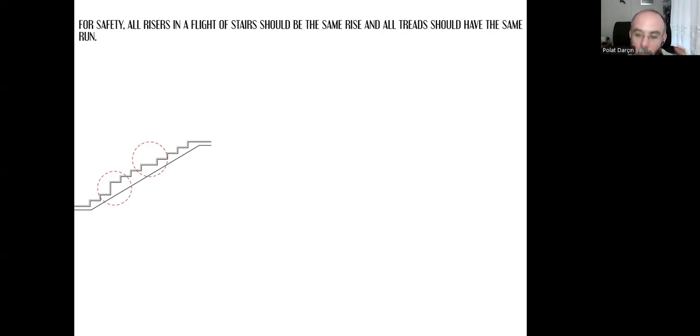It's just muscle memory, an automated movement. And if there are differences in the riser height or tread widths, then people will stumble. They can fall down. It can be deadly. They can break their head or neck.